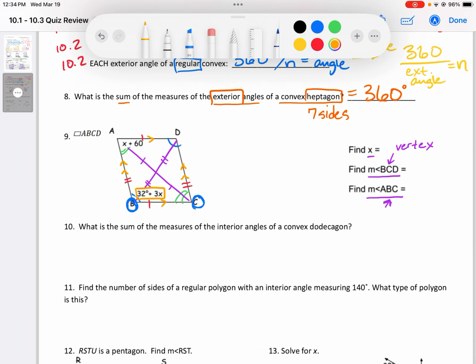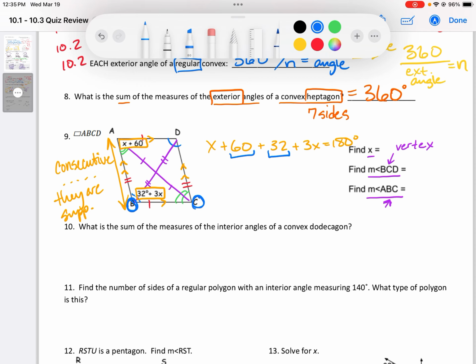As we're working through this, we have 32 plus 3x and x plus 60. And these angles are consecutive, which means they are supplementary. So if I take these two values and I add them together, they should equal 180.